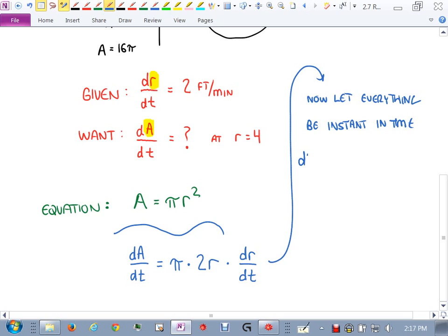So dA/dt equals pi times 2 times 4 times 2, which is 16 pi.